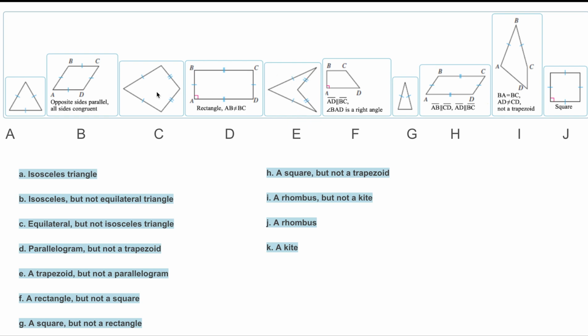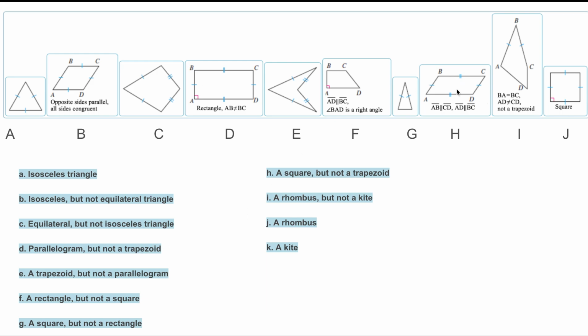This is a kite, just like this one: the adjacent sides are congruent, not parallel. How about this one? AD and BC are parallel, but these two are not. So only one pair is parallel, so it is a trapezoid but not a parallelogram. So we know this one, F. F is a parallelogram but not a trapezoid.